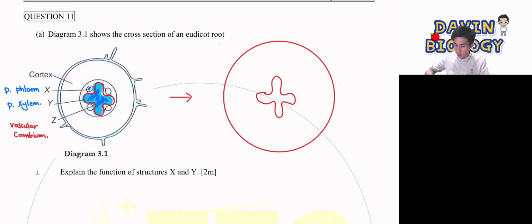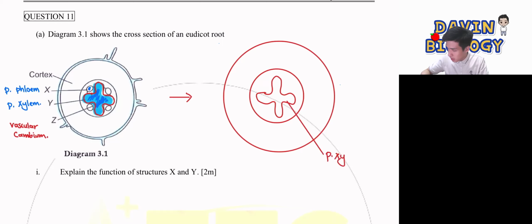Now, this is the primary xylem. So just now we said that this is the cambium. Same as just now, the cambium will divide by mitosis inwards and outwards. When it divides inwards, this whole thing will become like this. So it becomes something like that. So it goes out already. So now you have a new layer of tissue here. So that is the secondary xylem. This is the primary xylem. So same, you can see primary will always be further away from the cambium.